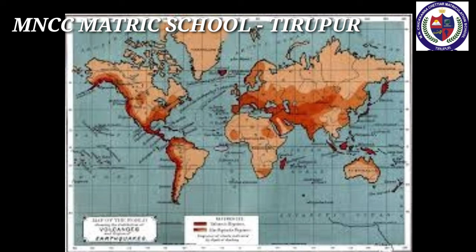In India, the Himalayan region and the Ganga-Brahmaputra valley are prone to earthquakes. Some major earthquakes recorded in India were the earthquake of Uttarkashi in 1991, Chamoli in 1999, the Koyna earthquake in 1967, and Latur earthquake in 1993.